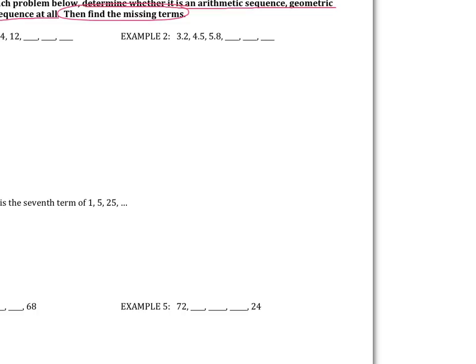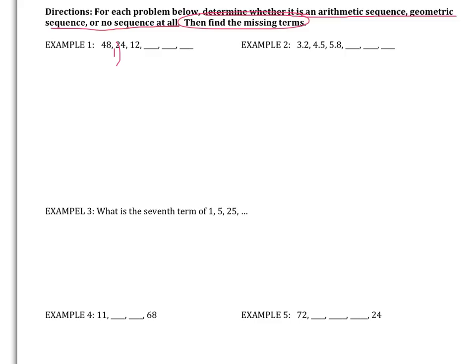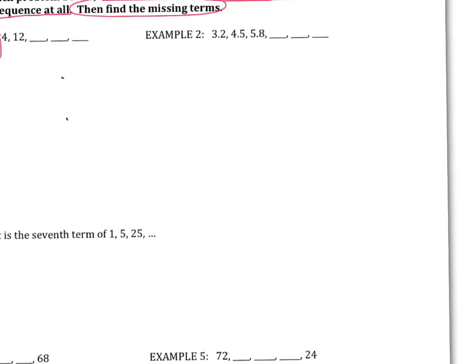Alright, so now let's look at example number 2. We're going to do just like we did before, and assume that it's an arithmetic sequence, and let's see if that works. So the first thing I'm going to do, let's actually use black since that's what we used before, is the second number, 4.5, minus the first number, 3.2.